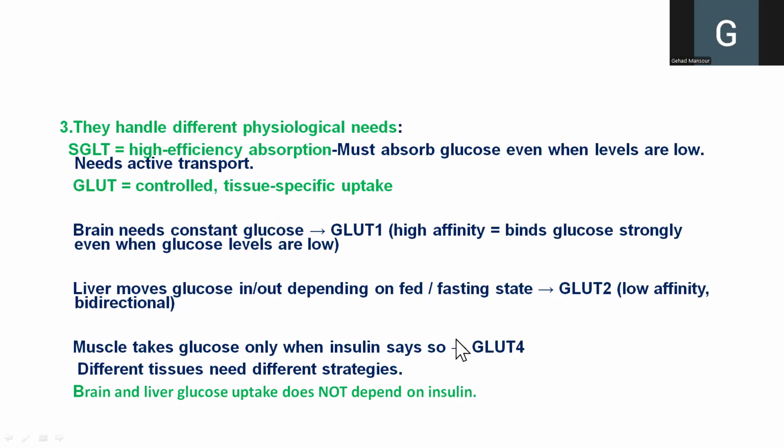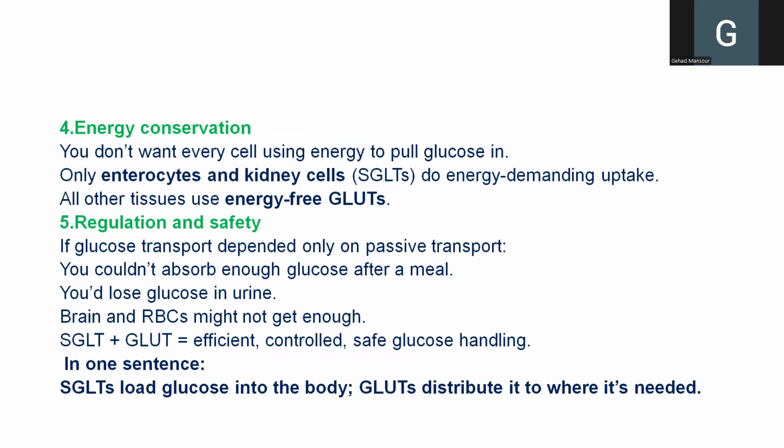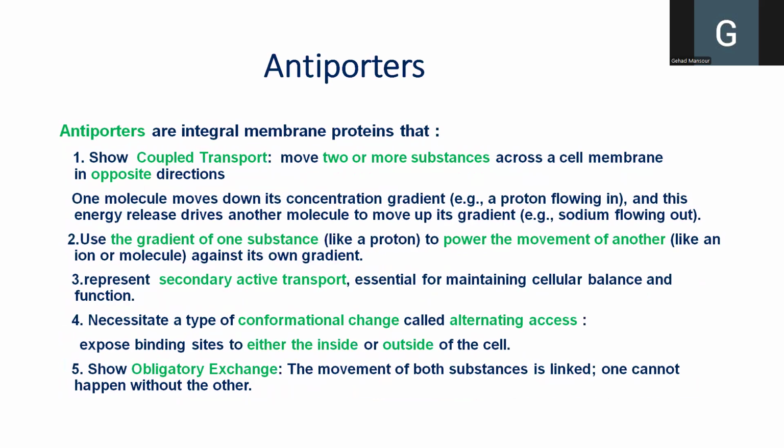So the only receptors that are in need of insulin are the receptors in the muscle. This is what we call tissue-specific uptake, which means that the different tissues have different strategies.